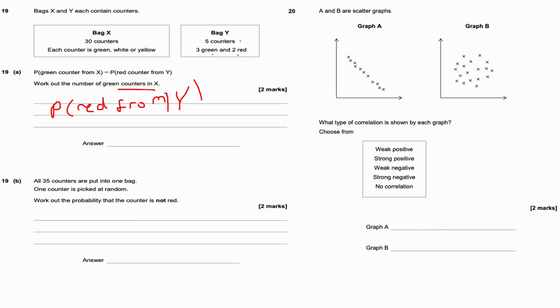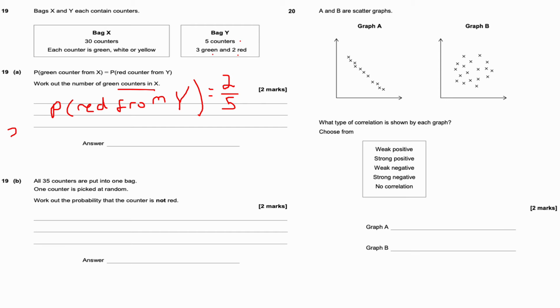Okay, let's just delete this mini bracket here. Y is going to equal 2 out of 5, because I've got 2 reds out of a total of 5. Now it's saying that the probability of green counters from X equals this.